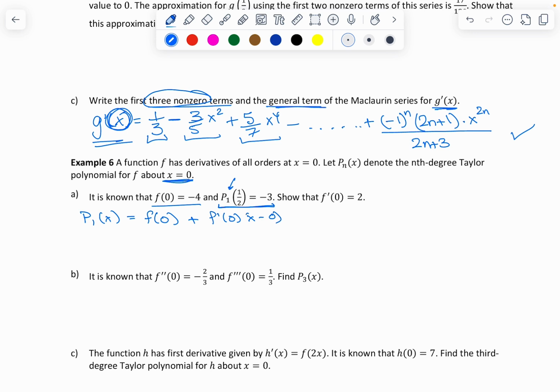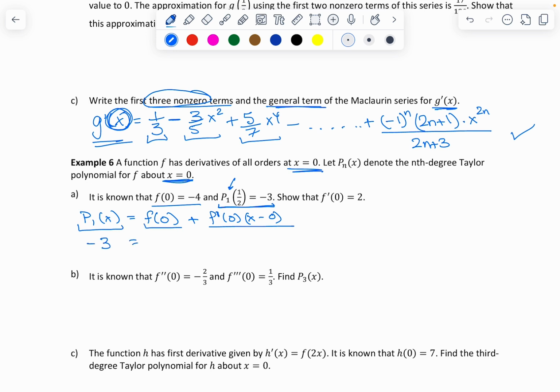I'm just going to write it right now so that we know what we're talking about when it comes to the center. And that's it. That's the first degree Taylor polynomial right here. So the parts that we do know about this, we know what P1 of x is. That is equal to -3.